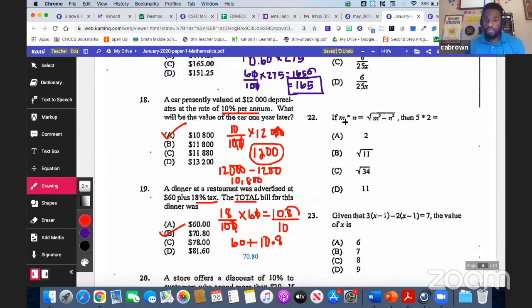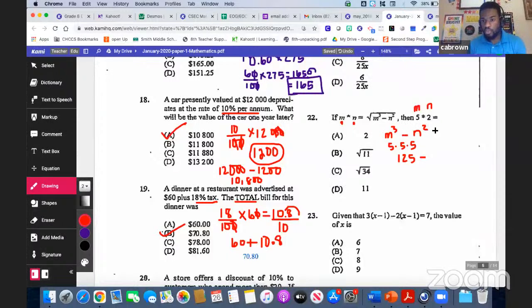22, M asterisk N. This means that whatever value is right here, that's M. Whatever value is here, that's N. In this case, M is 5 and N is 2. So we're going to substitute that. This says M cubed, which means that M will be multiplied 3 times, 5 times 5 times 5. 5 times 5 is 25, and 25 times 5 is 125. Minus N squared.